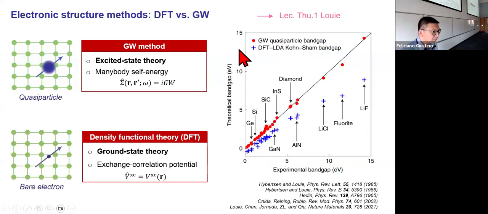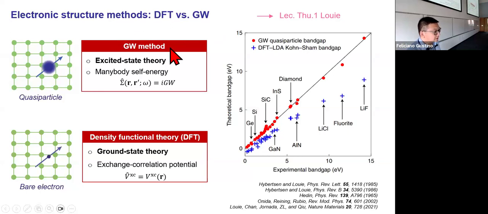So from the lectures this week, also by Professor Liu yesterday, we now understand that to describe material properties using a quantum mechanical approach, there are different electronic structure methods. DFT is certainly one of the most popular and prevailing methods, and GW is another very accurate many-body perturbation theory method.